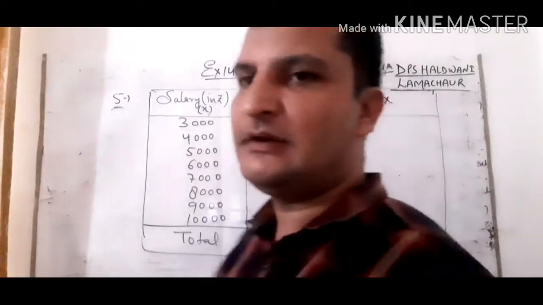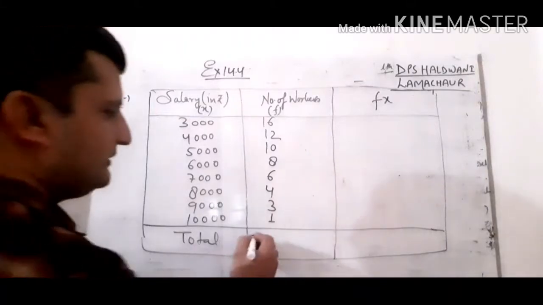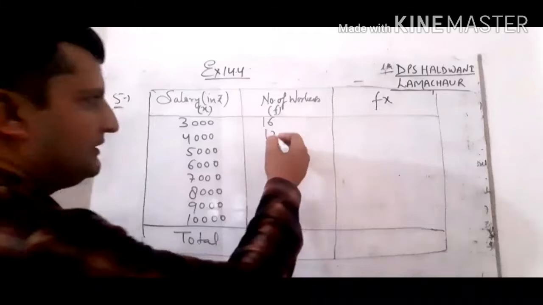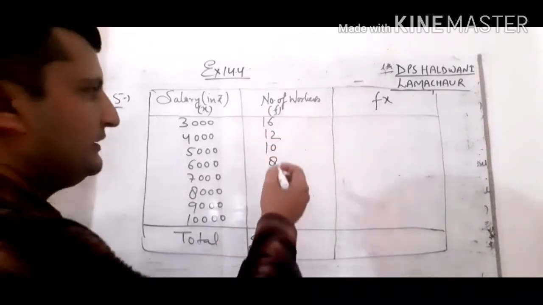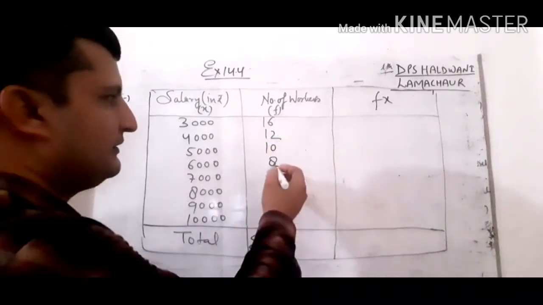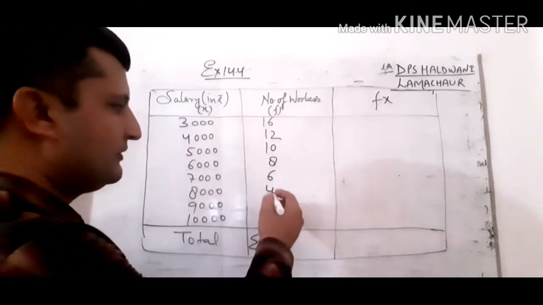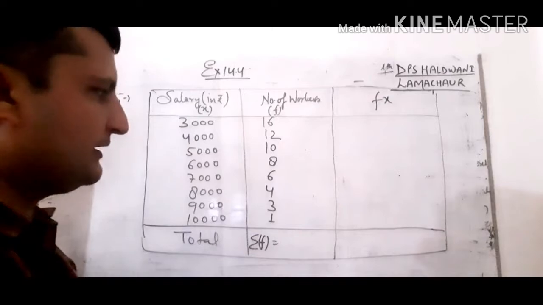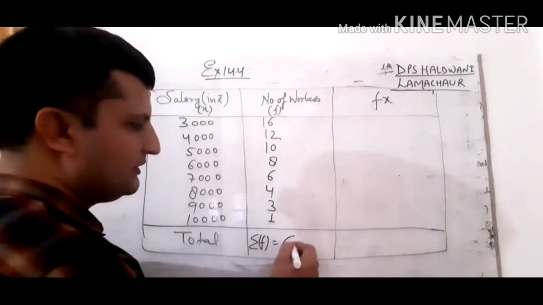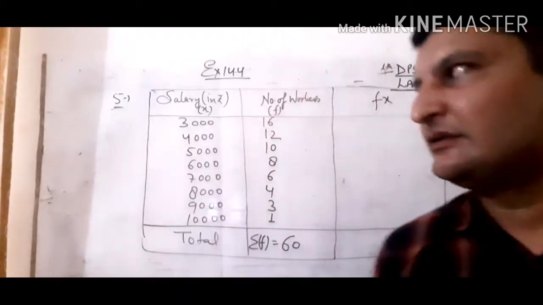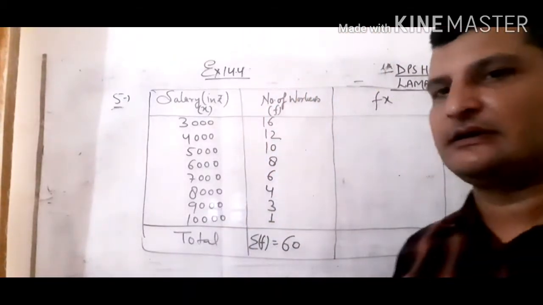So sigma f is equal to 16 and 12, 28; 28 and 10, 38; 38 and 8, 46; 46 and 6, 52; 52 and 4, 56; and 4, 60. So the number of workers is 60.